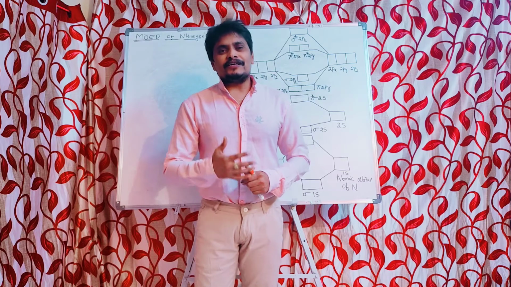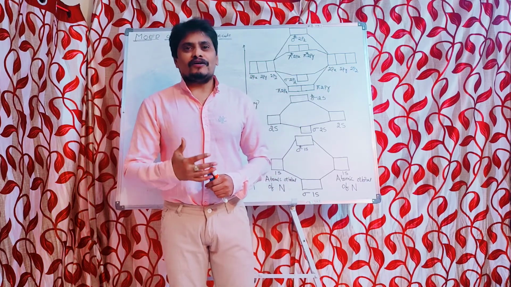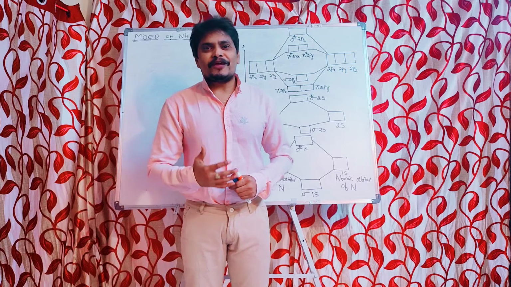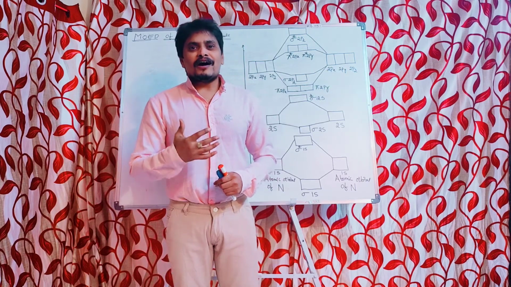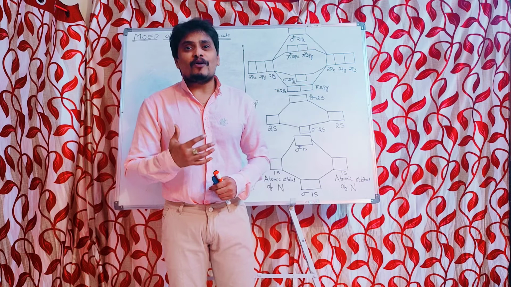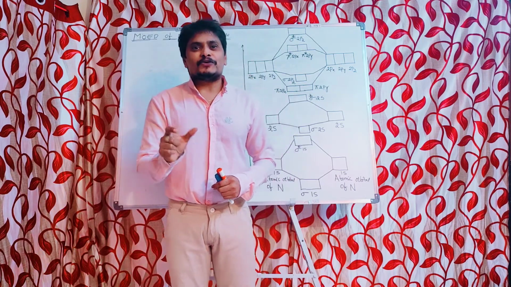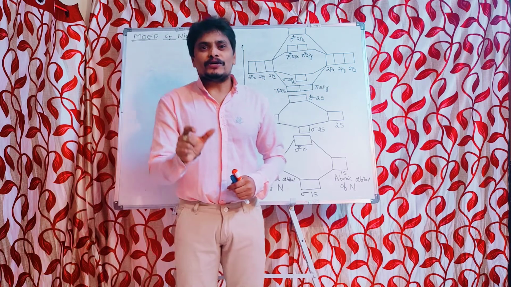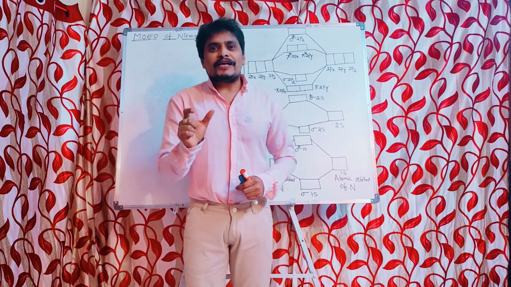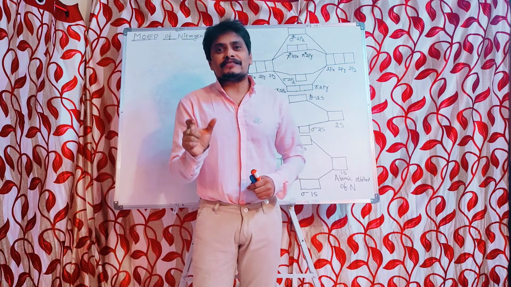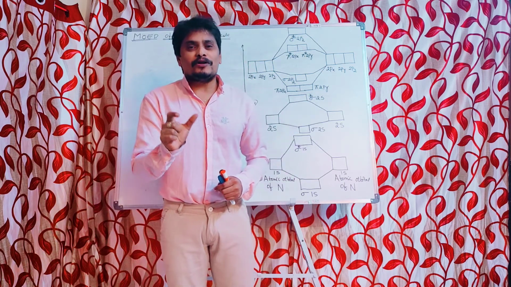The second one is that we get information about the bond order of the molecule, that is, whether a single bond, a double bond, or a triple bond exists between the two adjacent atoms in a molecule.